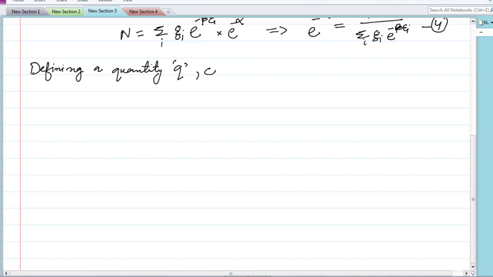It is simply called the molecular partition function.